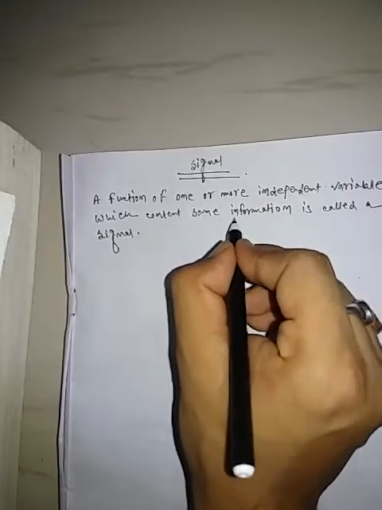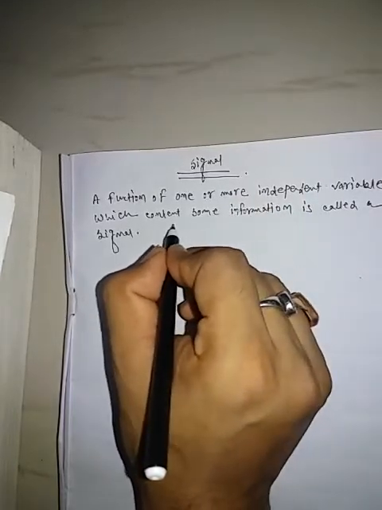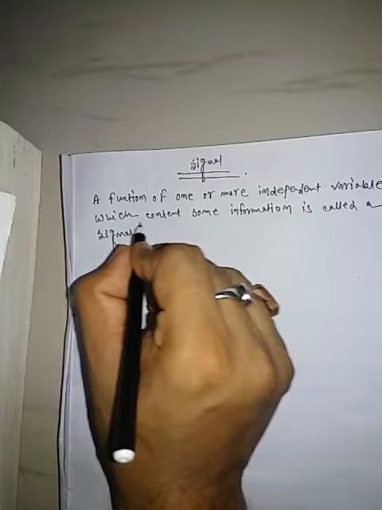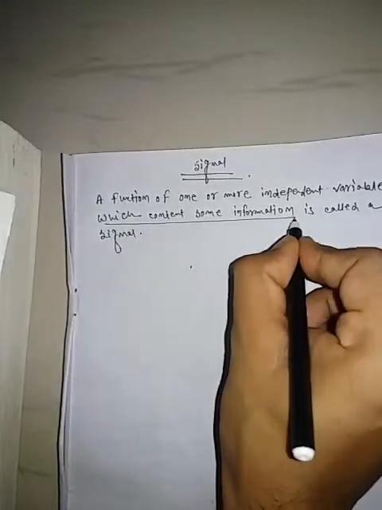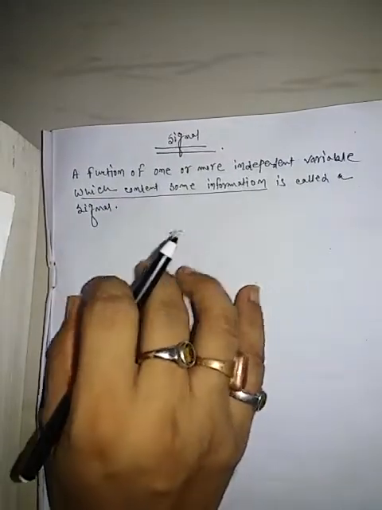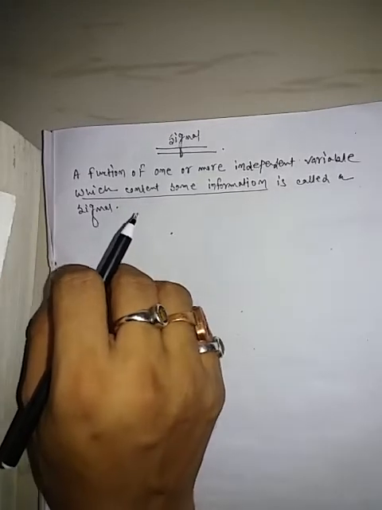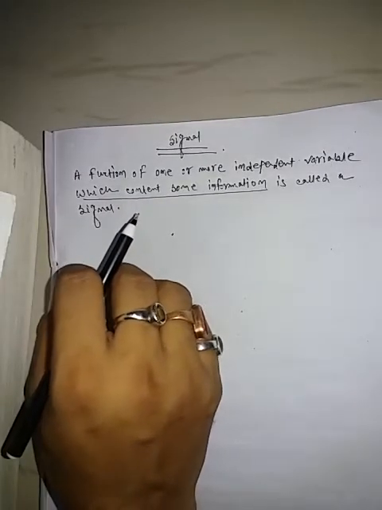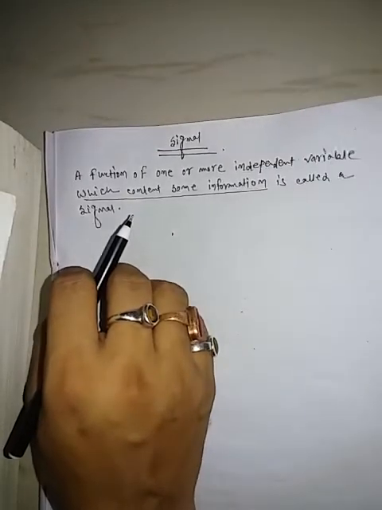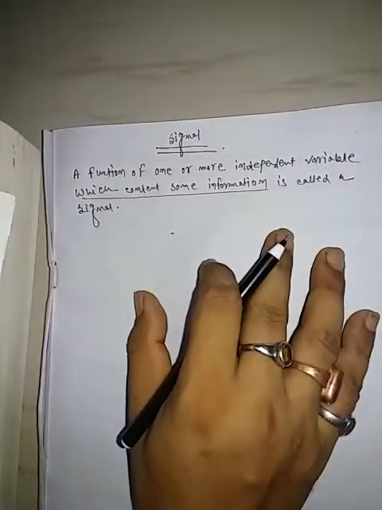The main criterion is that it contains some information. A signal is a function of one or more independent variables which contains some information. Signal carries the information.